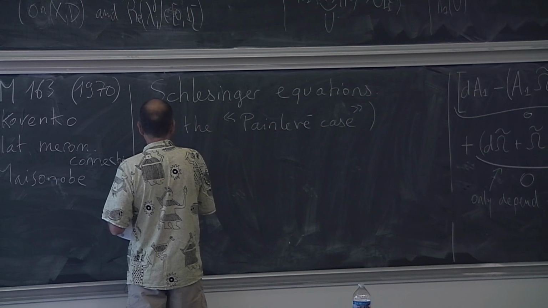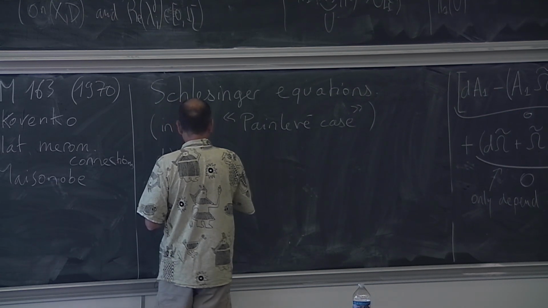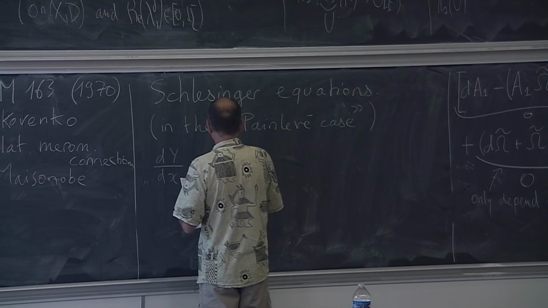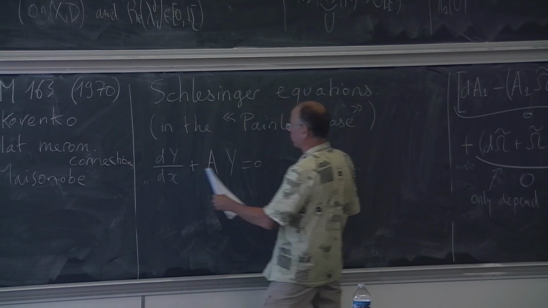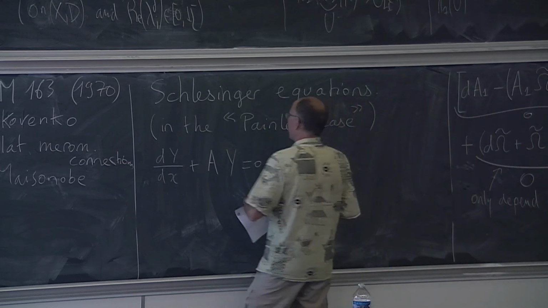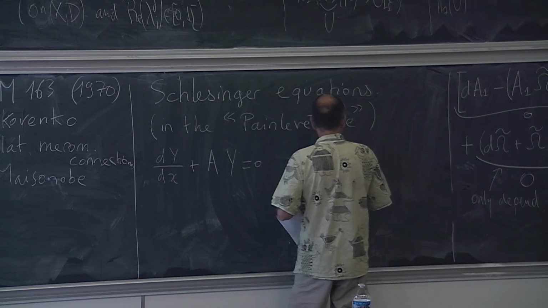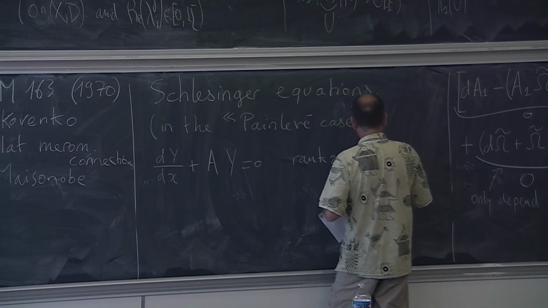You have a system of differential equations, dY over dx plus A times Y equals 0. So it is a differential system which has 4 poles, rank 2, 4 simple poles.